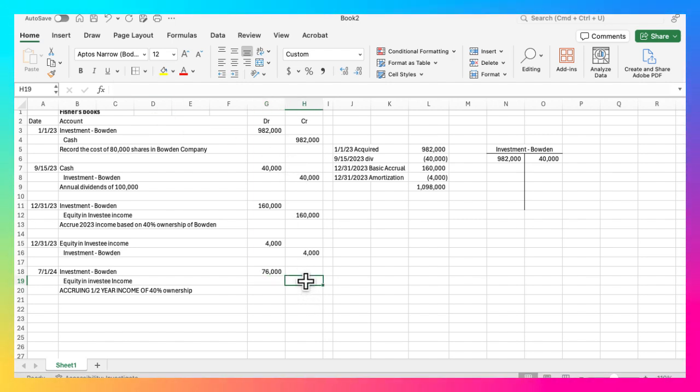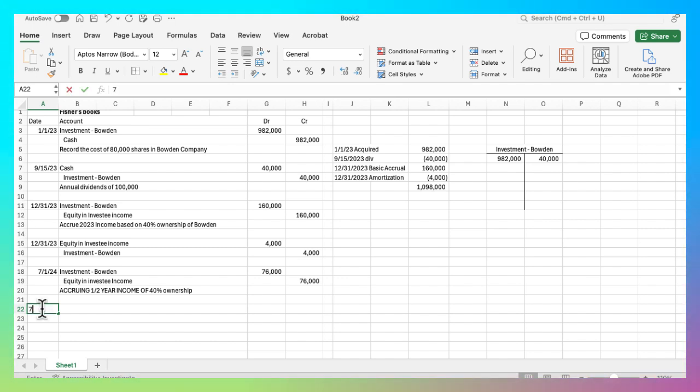Okay? So we're going to increase our investment in Bowdoin. We're also going to increase the equity in investee income. Okay? Not done yet. Why? Well, because remember, there is the amortization that we need to worry about, right? At the end of the year, we're only going to be entitled to 1/2 the amortization expense, right?